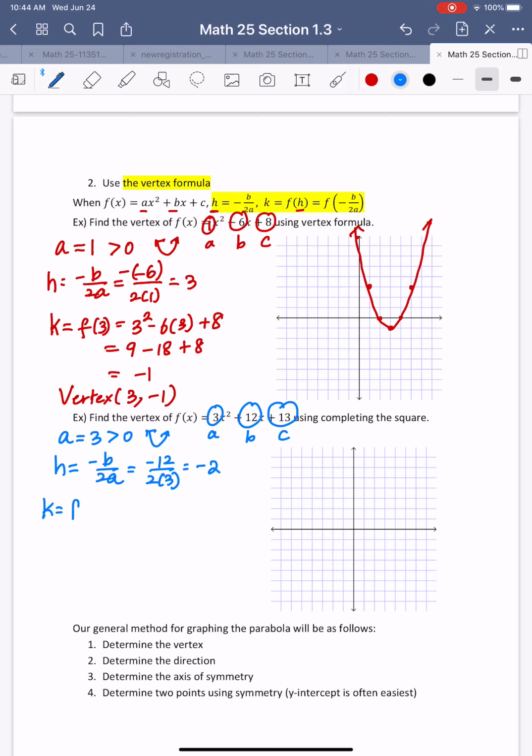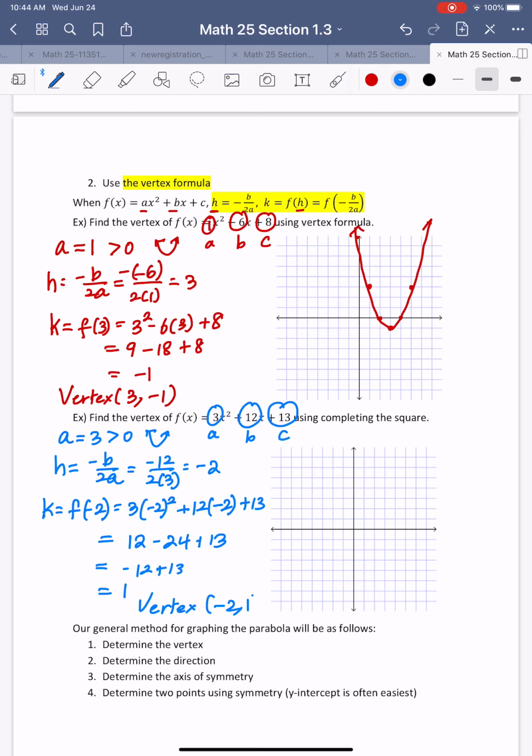And k: plug h into the function, so 3 times negative 2 squared plus 12 times negative 2 plus 13. Negative 2 squared is 4, times 3 is 12, minus 24 plus 13, which is negative 12 plus 13, which is 1. So the vertex is negative 2 and 1, right here.